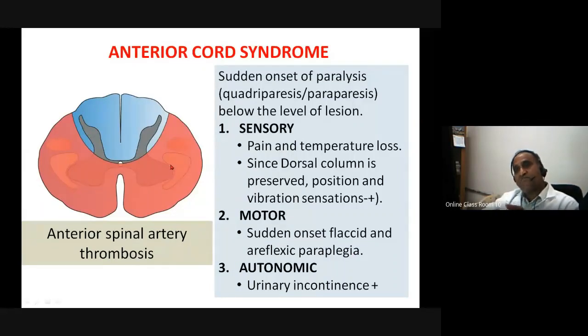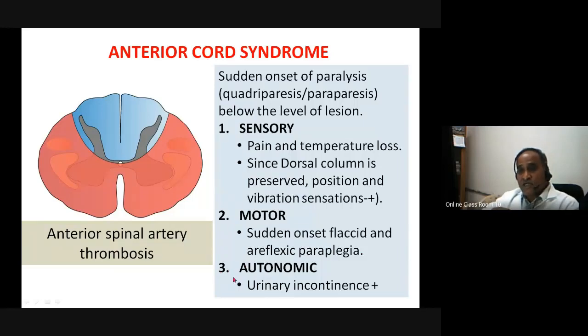After some days it may recover, and below the level of the lesion there may be upper motor neuron type lesions, a spastic paraplegia. But at the site of the lesion there will be a sudden onset of flaccid and areflexic paraplegia. That is what is seen with anterior cord syndrome. And after recovery, it may become the upper motor neuron type.